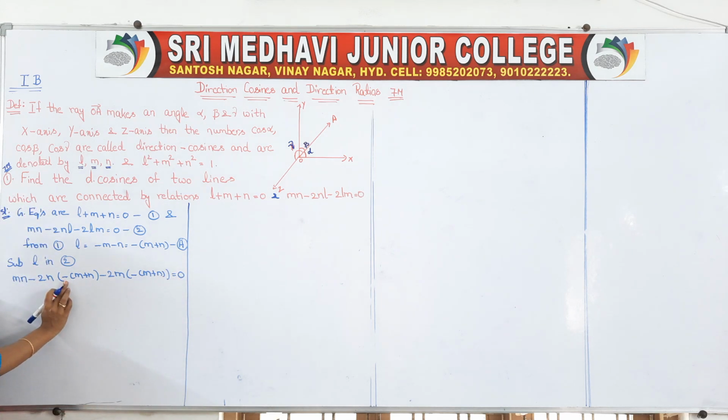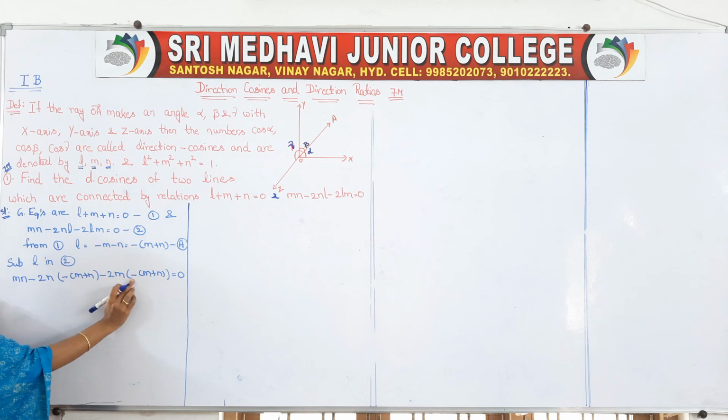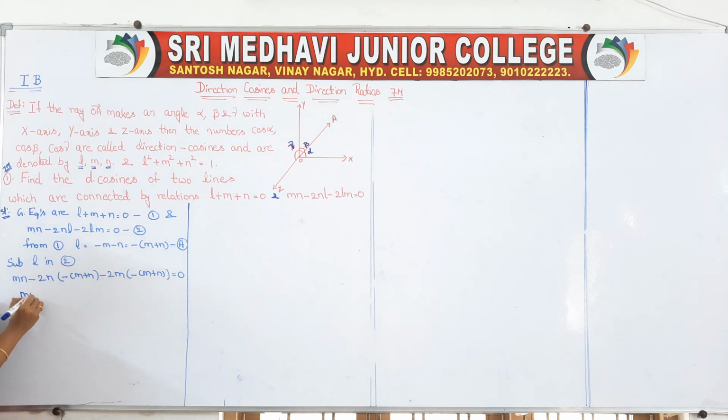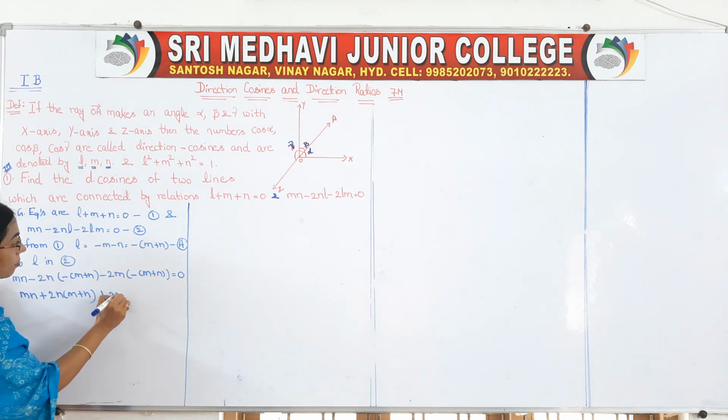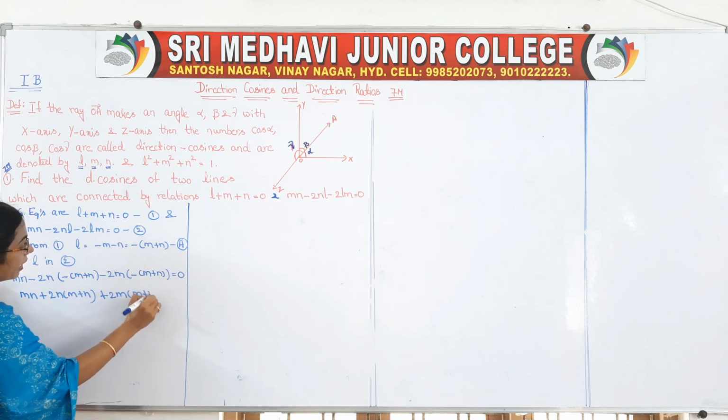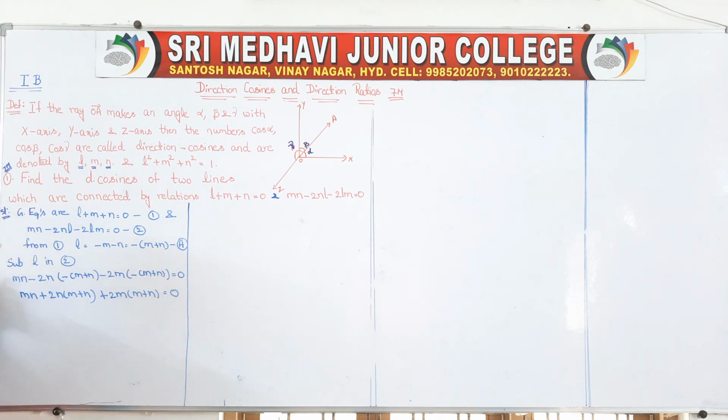Minus of minus is plus, here also minus of minus is plus, so it is Mn plus 2n into M plus N, and here also 2m into M plus N is equal to 0.